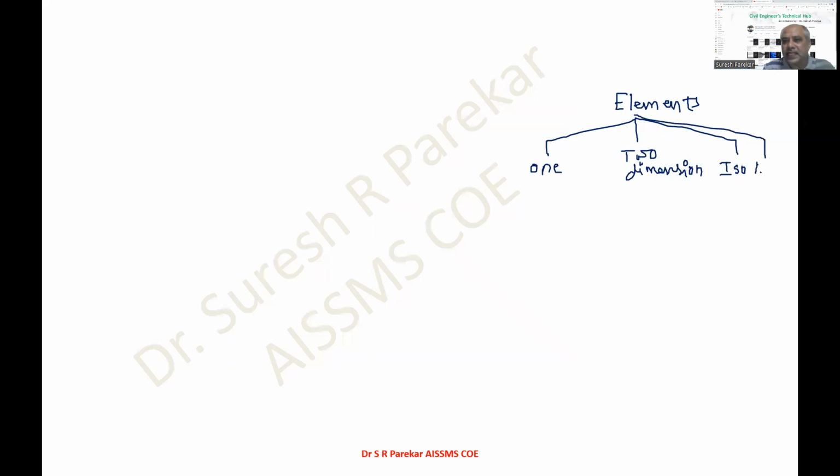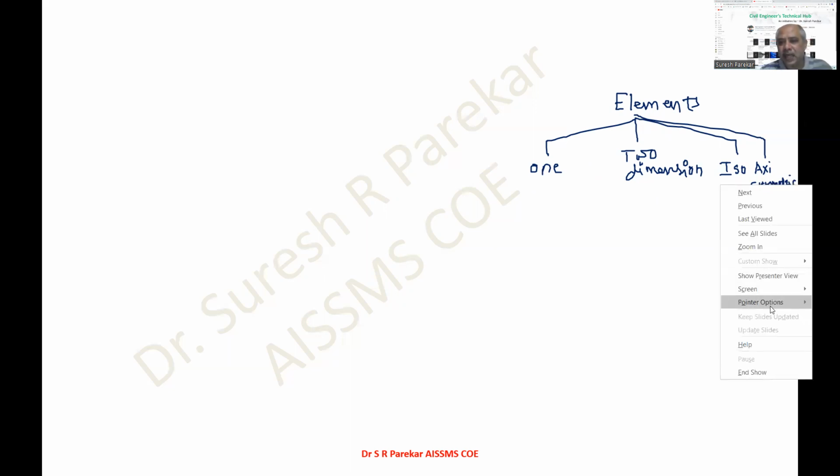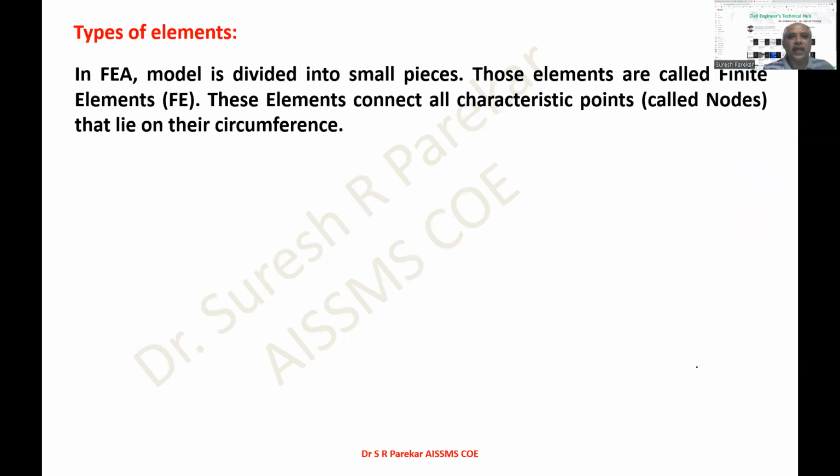We will see all these 4 elements one by one, but in brief we have to go with these 4 types. Now I will show you in detail in this presentation. So we have types of elements. As I already mentioned, we divide the finite element model into small pieces, and those pieces are called finite elements.